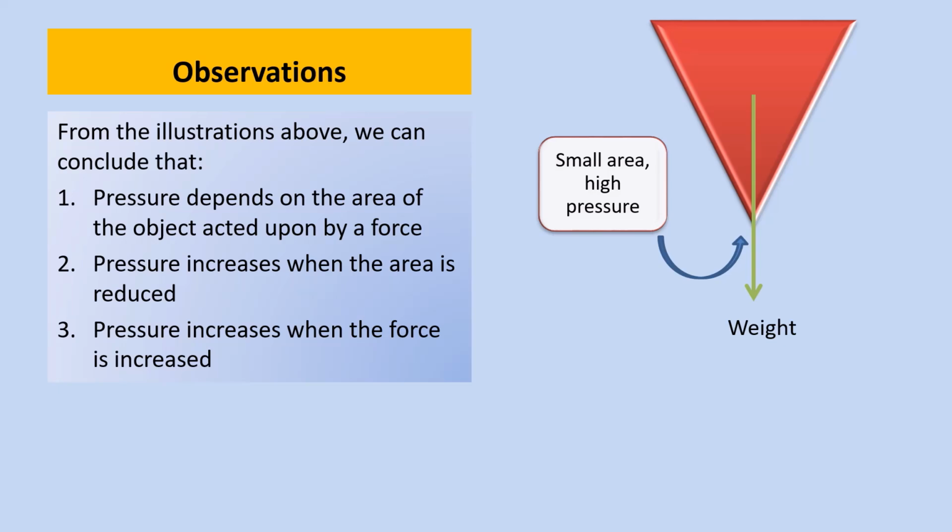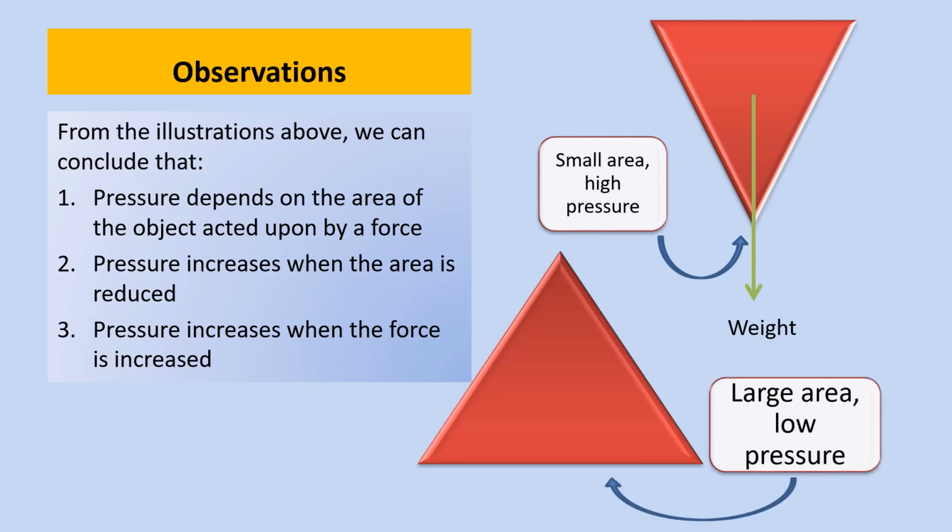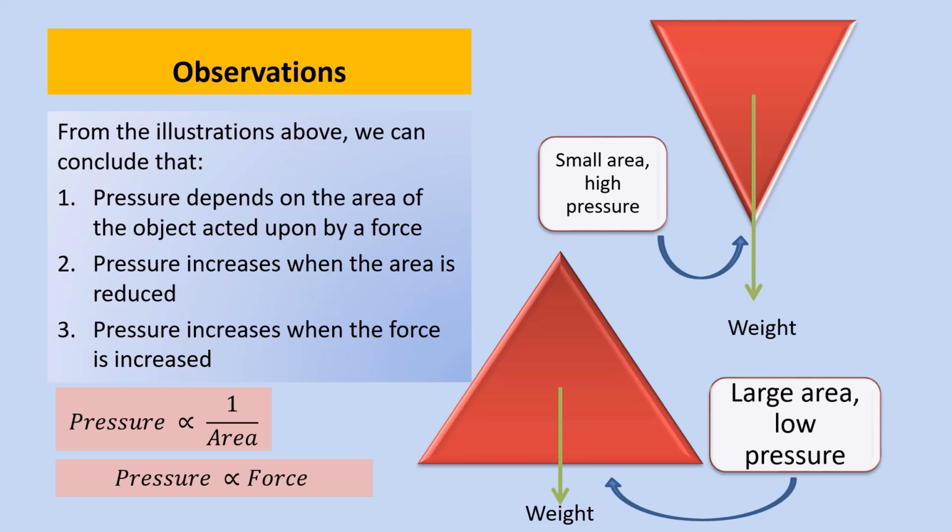In the second illustration, we are now inverting this triangle such that we have a large surface area, and therefore we expect very low pressure according to this statement, acting on the weight of this triangle. So what we can infer is that pressure is inversely proportional to area and directly proportional to force.